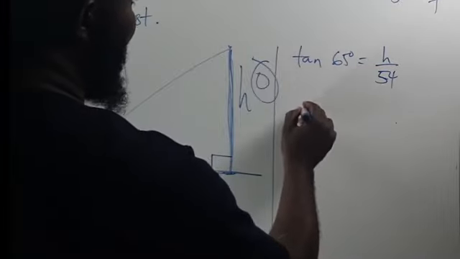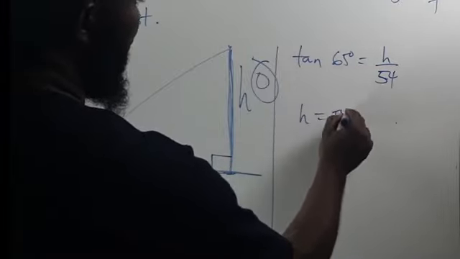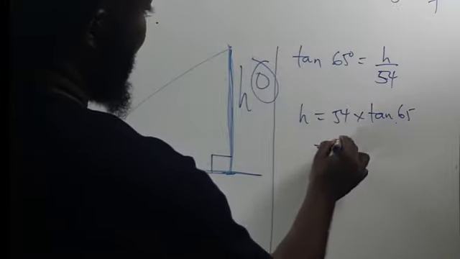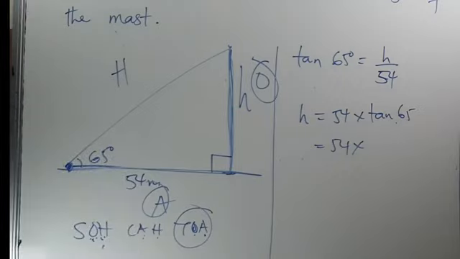When you cross multiply, H equals 54 times tan 65.